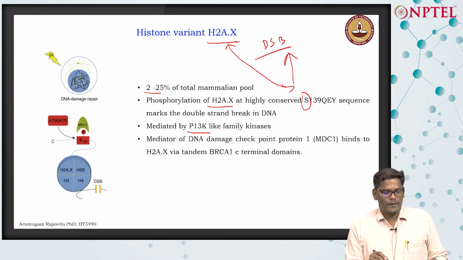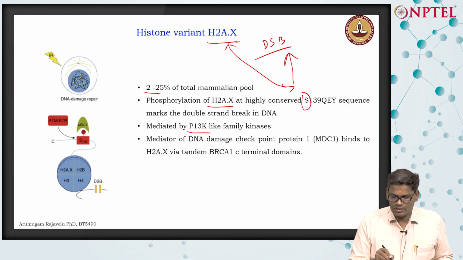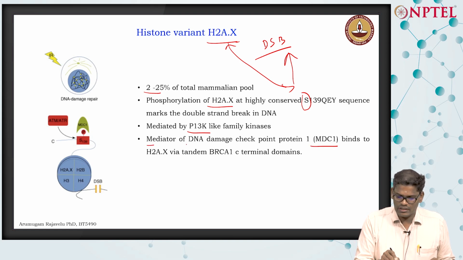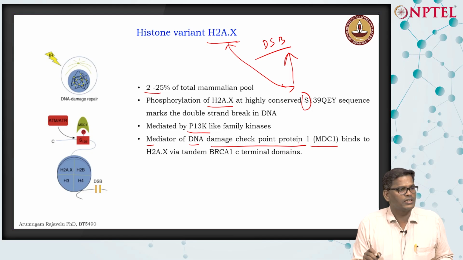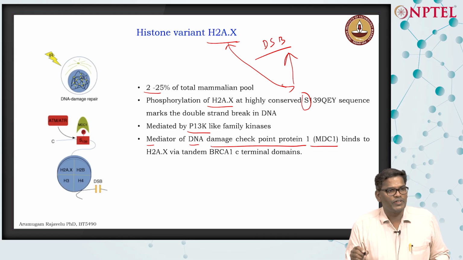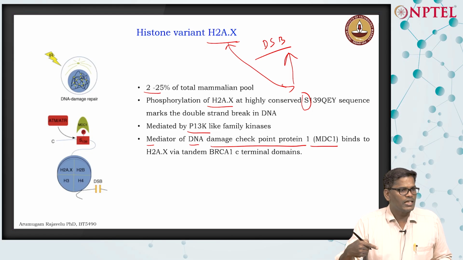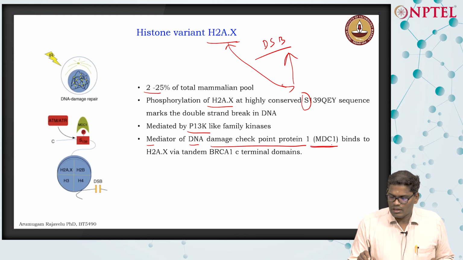And more importantly, there is a protein called MDC1, the mediator of DNA damage checkpoint protein. This is a protein which monitors whether there are any double stranded breaks in the cells. It's a very important protein for the DNA repair machinery, which helps in the recruitment of the repair machineries.